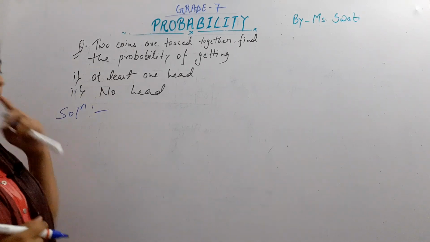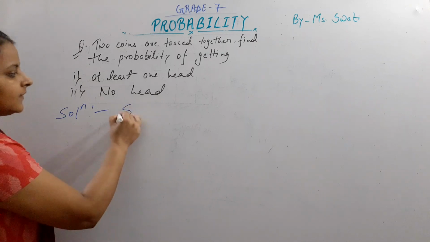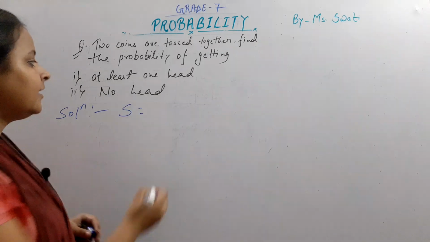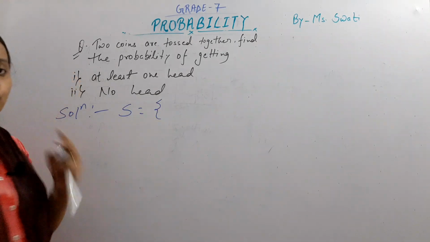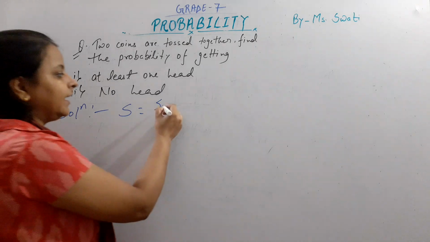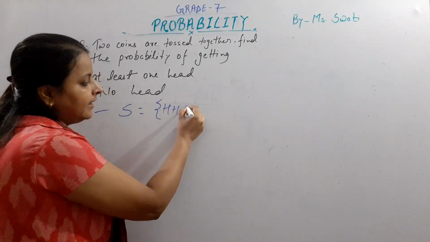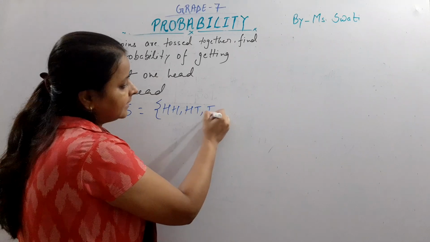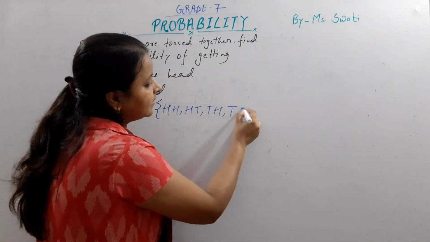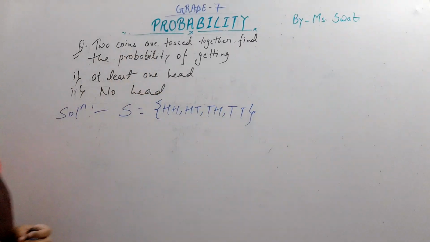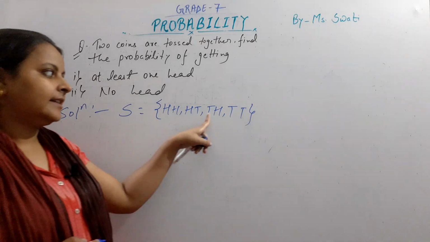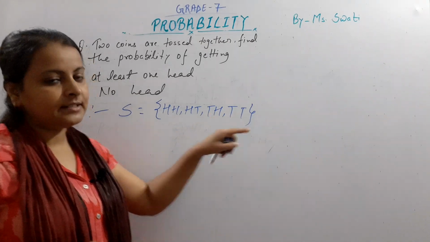What are the outcomes we get? It means sample space. When we toss 2 coins together, we get head head, head tail, tail head and tail tail.